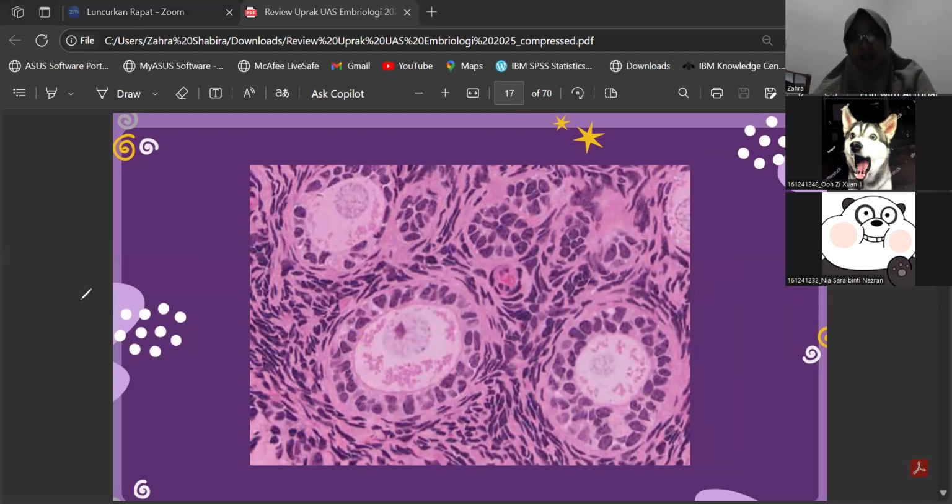Nah, jangan kuning, jelek banget ngeliatnya. Kasihan. Nah, this is the layer, and also just one layer in primary oocyte. And then this is the oocyte and the DNA.